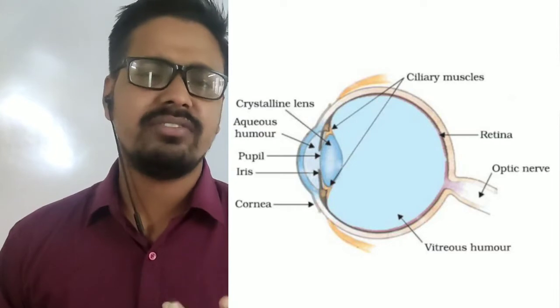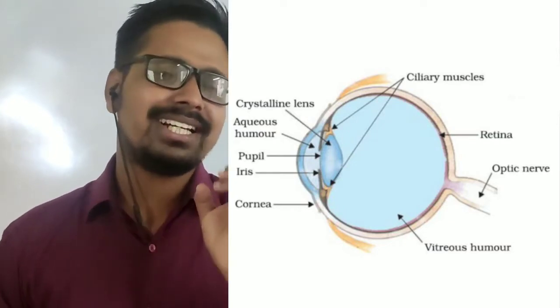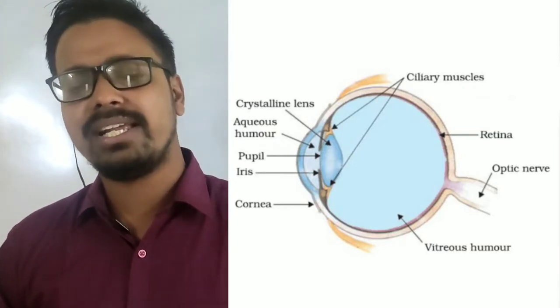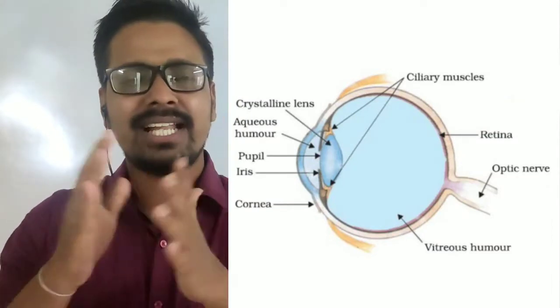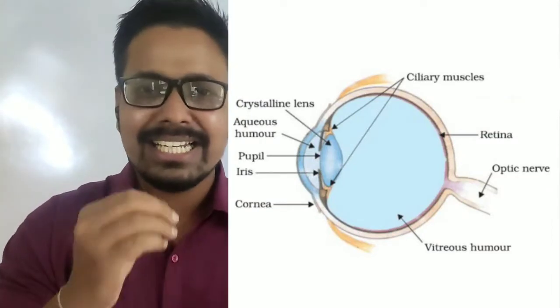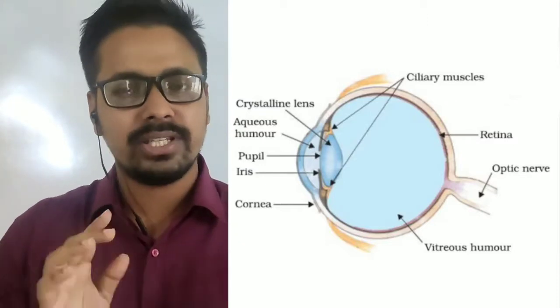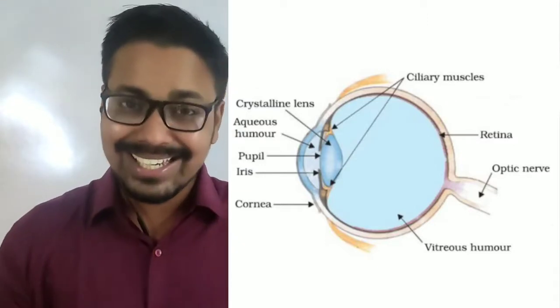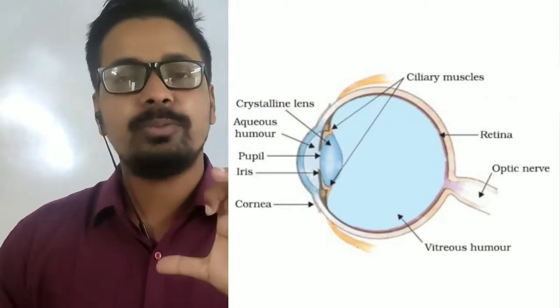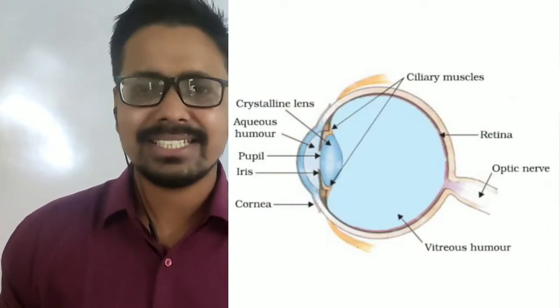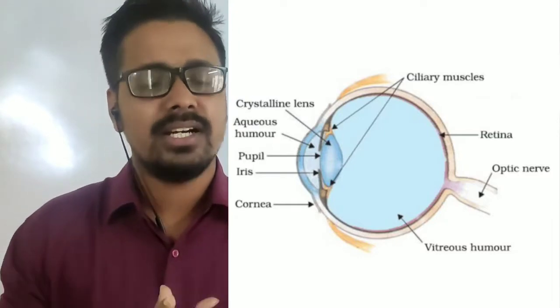The major part of the refraction is done by the cornea, whereas the crystalline lens only takes part in fine adjustment of the refraction. That means the last minute, small adjustments that are needed so that the image is formed exactly at the right point, or exactly at the focus. Those sorts of adjustments are made by the crystalline lens, and not the major adjustment.